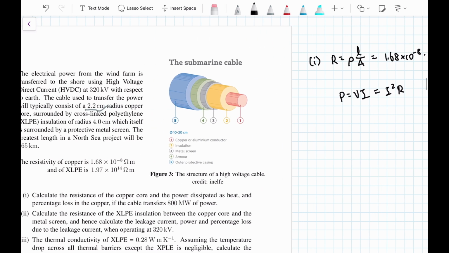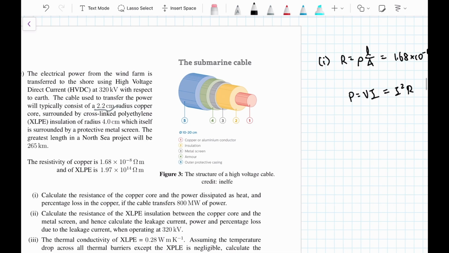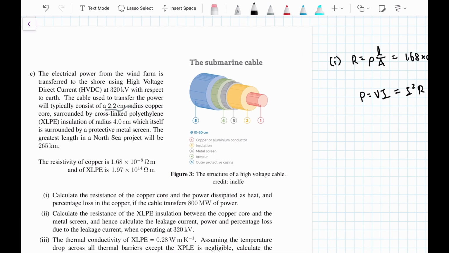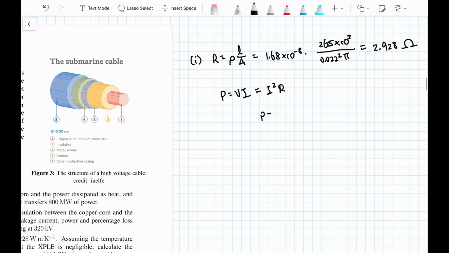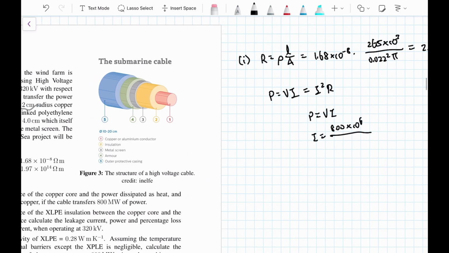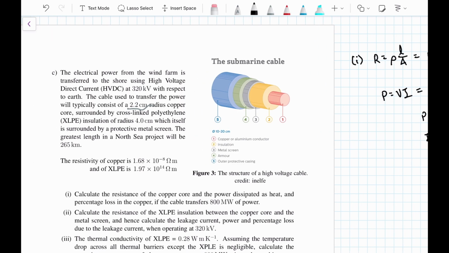And how do we calculate the current? I think we should calculate the current first. So using the same equation, P is equal to VI, the current is equal to 800 megawatts, so that's 800 times 10 to the 6, over the voltage, which is given as 320 kilovolts.